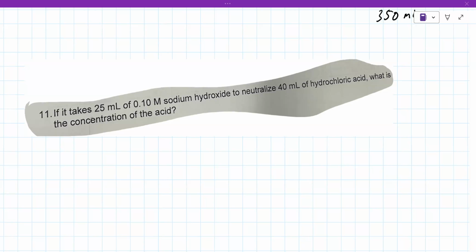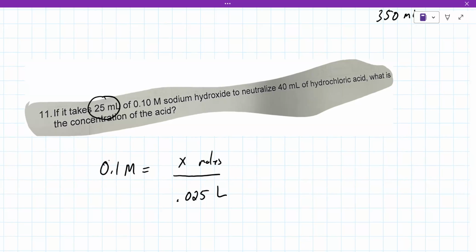Okay, so it says to neutralize, you need the equal number of moles. So we need to figure out the moles of hydroxide. So we have a 0.1 molar equals X moles over, and it's got to be in liters. So you take that 25 and that becomes 0.025 liters.